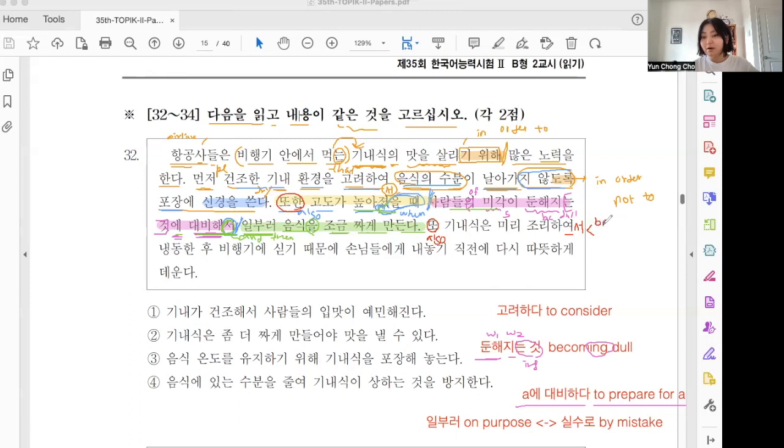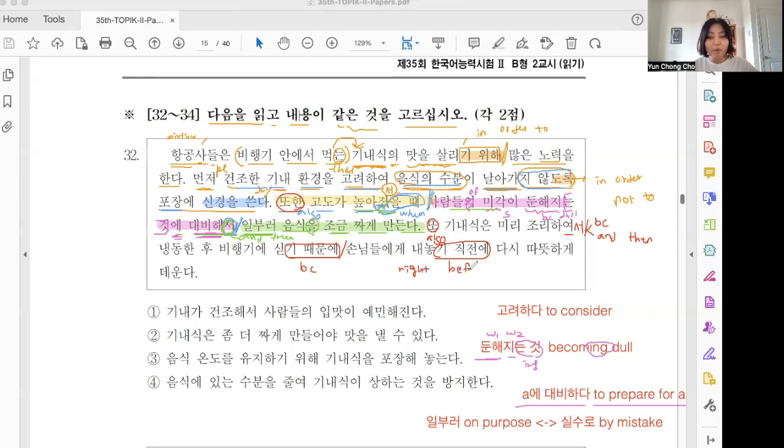It can be because or it can be and then, depending on the context. So since we have this expression, we know that we have to break here. 냉동한 후 식기 때문에, 기 때문에, this is an expression, because, and so we're going to break here. 기 직전에, 기 전에, before. 그런데 기 직전에 하면, right before.